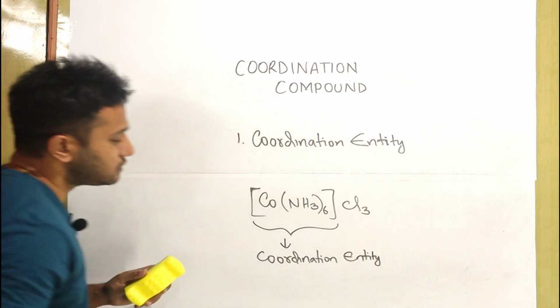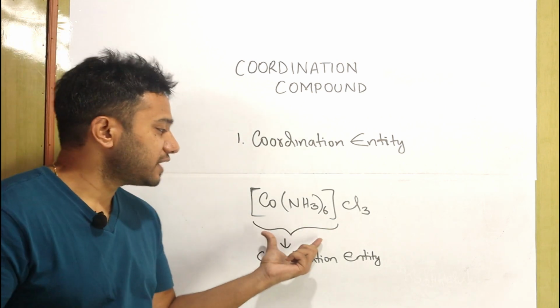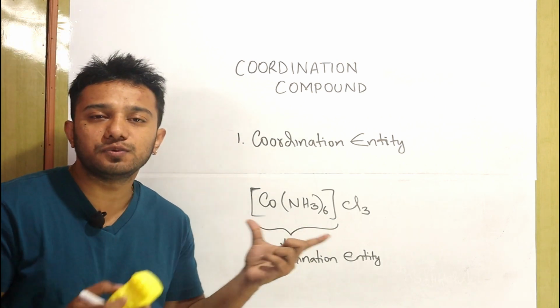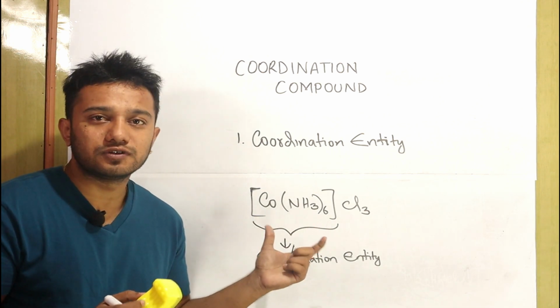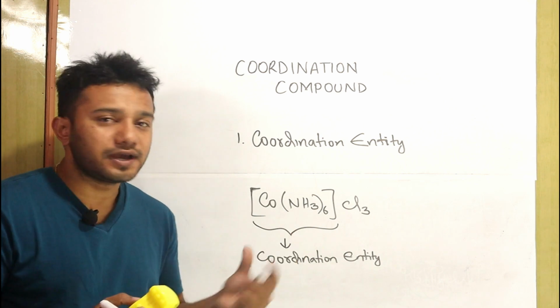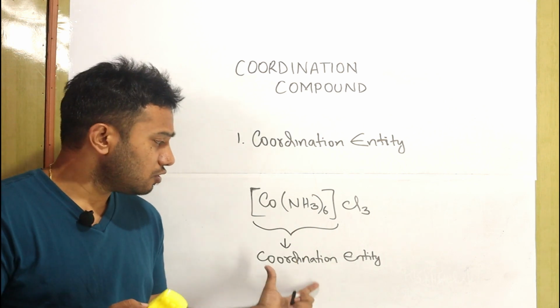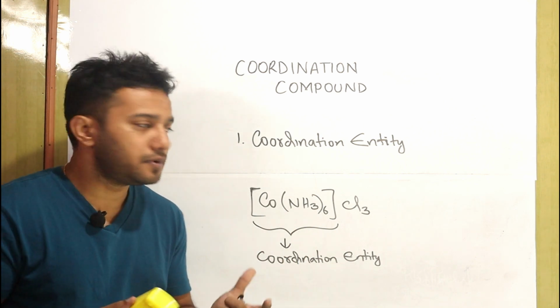We even call it the coordination sphere or the complex part, right? This is the complex part because when we dissolve it in water, it doesn't break or separate itself. So this part is known as the complex part, coordination entity, or coordination sphere.